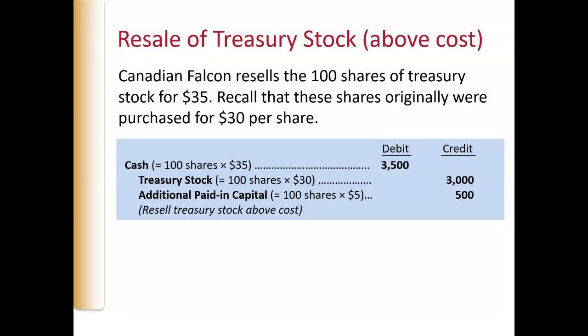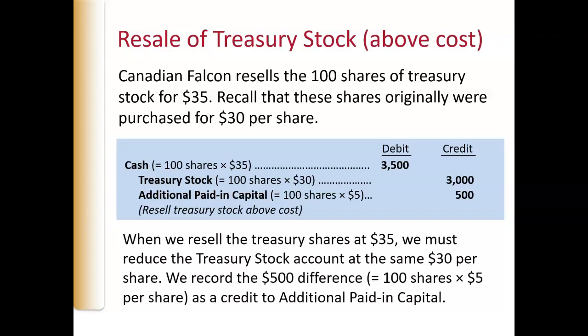So it's really important you remember what that treasury stock was purchased for, because we want to offset that treasury stock by that exact amount. And then if it's more than that, we'll credit additional paid-in capital. And if it's less than that, we'll debit additional paid-in capital. When we resell the treasury shares at $35, we must reduce the treasury stock account at the same $30 per share.